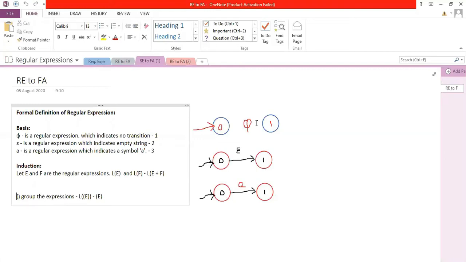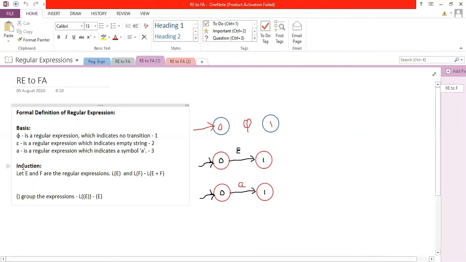Symbol a is just symbolic; it might be a, b, 0, 1, 2, anything as such. If there is a transition, you write states 0 to 1 as we write it for a DFA or NFA, and we just represent it as a. This is pretty clear and not difficult to understand. All these three transitions are very easy.